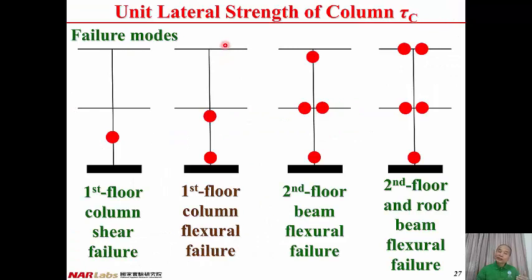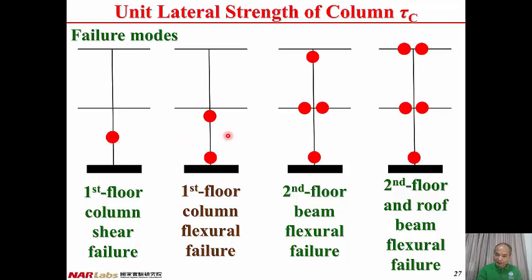And how do we have the unit lateral strength of those vertical members? Here we take column as an example. And this is the column line taken from the two-story building. And there will be 4 failure modes. The first one is shear failure of the column on the first floor.